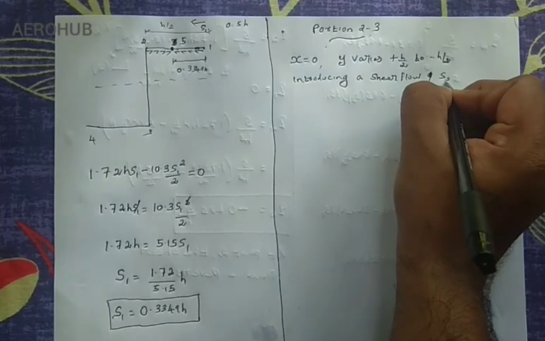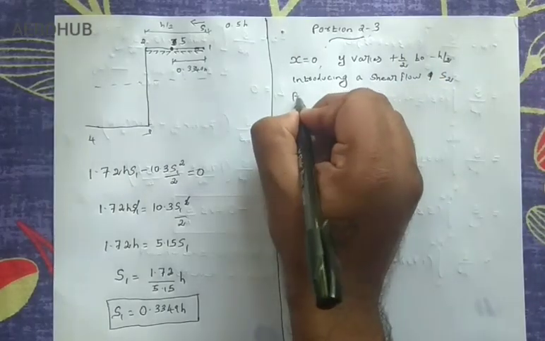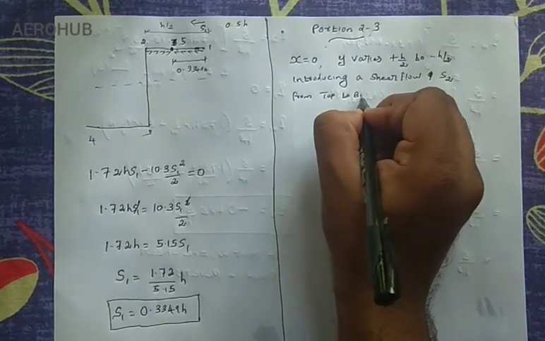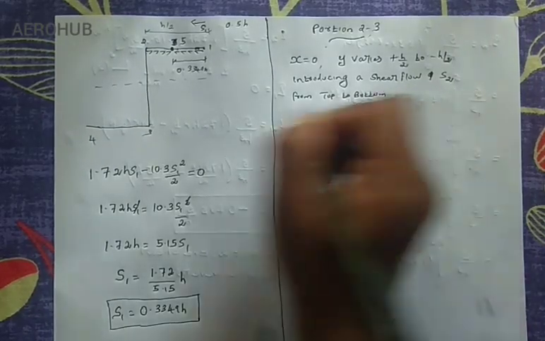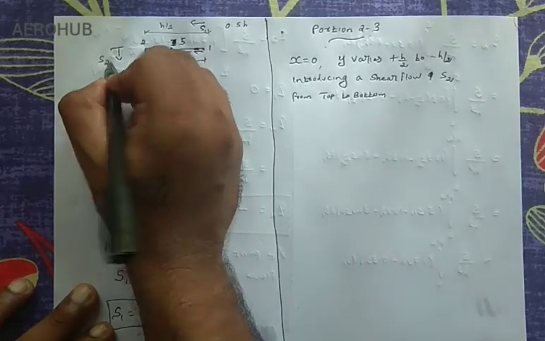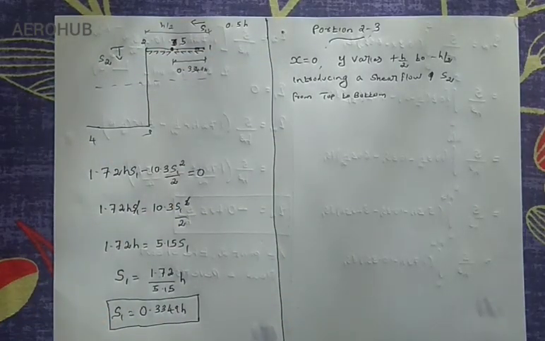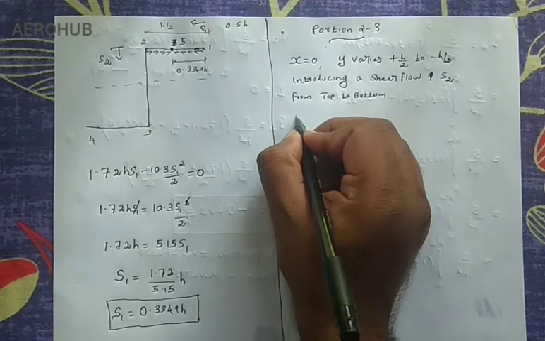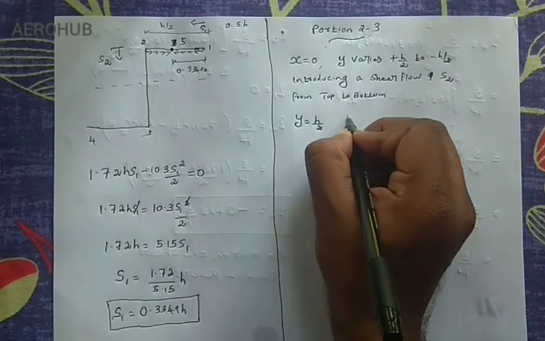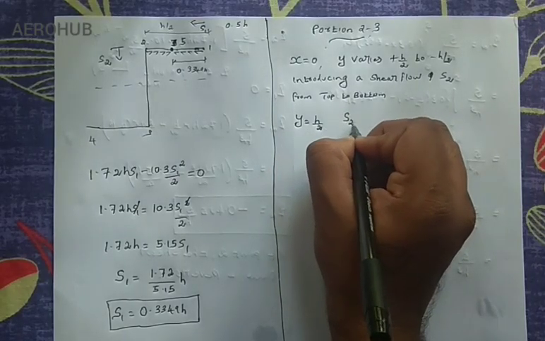S2, not Q2, S2 from top to bottom. That is, we are introducing a shear flow S2 in this direction. Now at y equal to h by 2, the value of S2 is equal to 0.